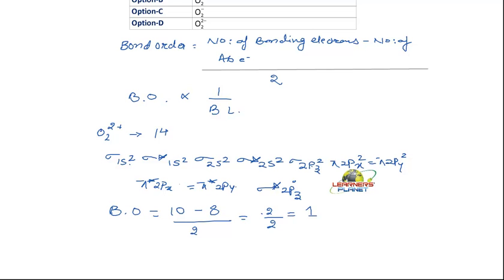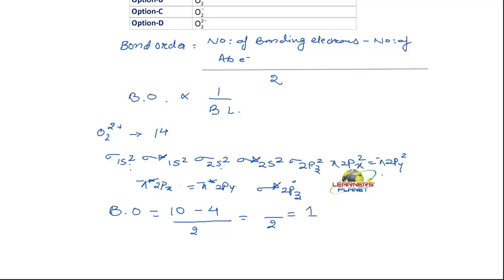So the number of bonding electrons would be 2, 4, 6, 8 and 10, and the anti-bonding electrons would be 2 and 2, 4. So here it would be 4, right? So 10 minus 4, what will you get here?